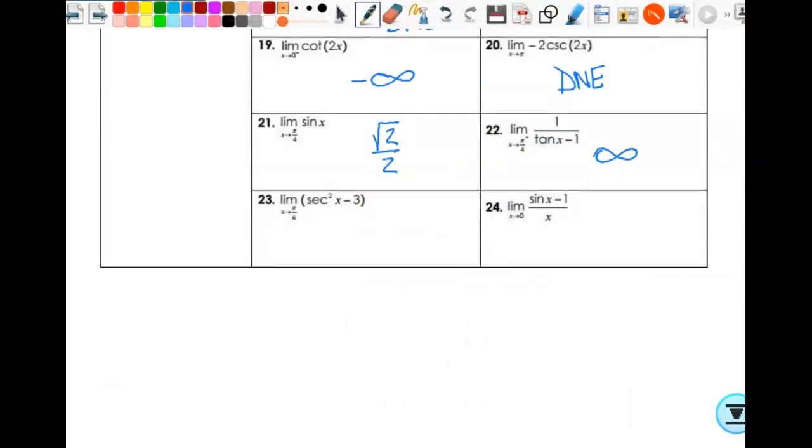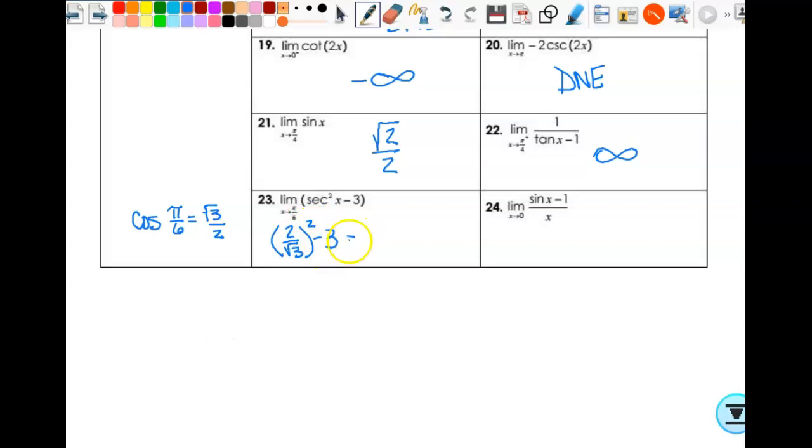I have secant squared x minus 3. What's secant the reciprocal of? Cosine. So what's the cosine of pi 6? Square root of 3 over 2. Okay. Good. So if you don't remember what secant is, we're about to square it. So if I flip it over, even if I leave the square in the denominator, it's fine. So secant is going to be 2 over the square root of 3, squared, minus 3.